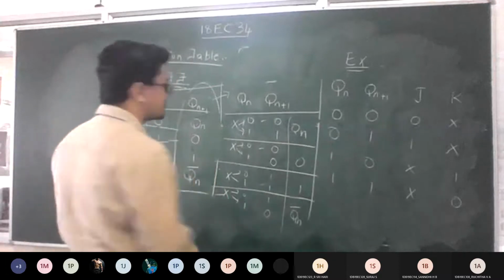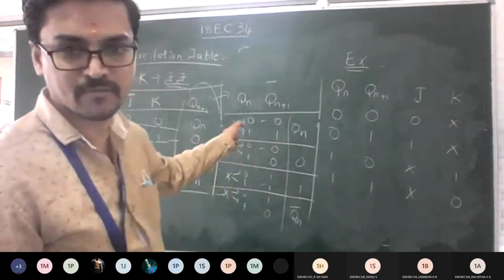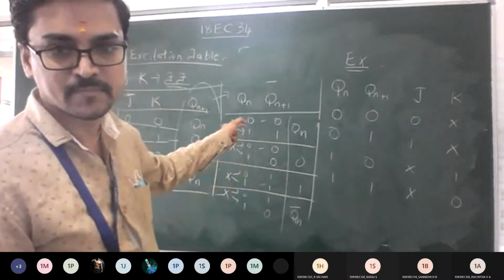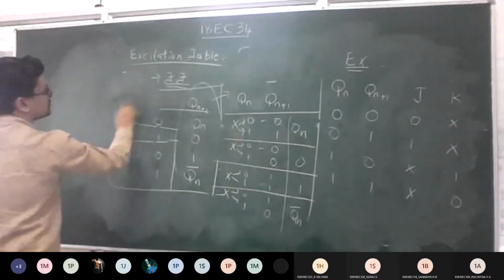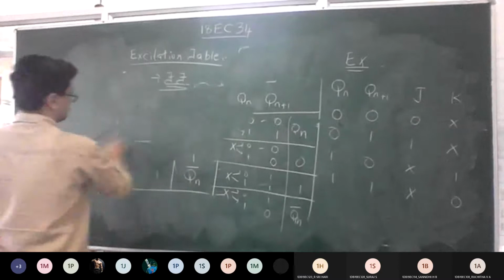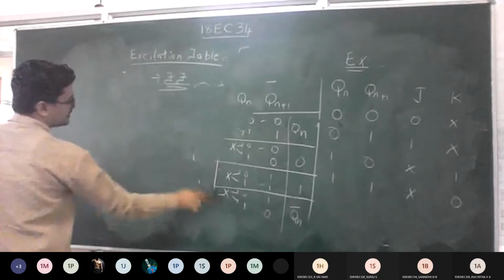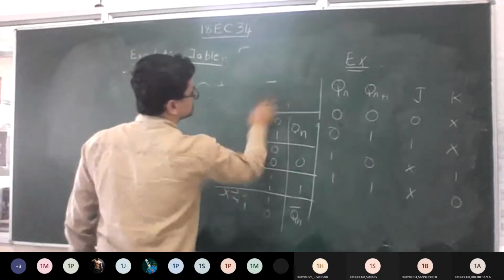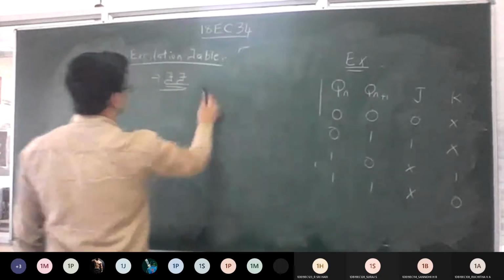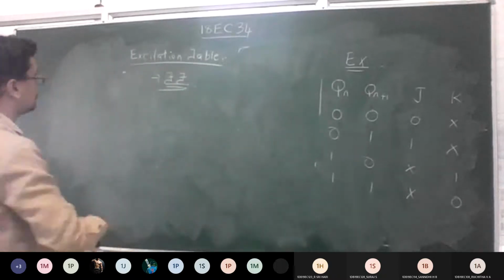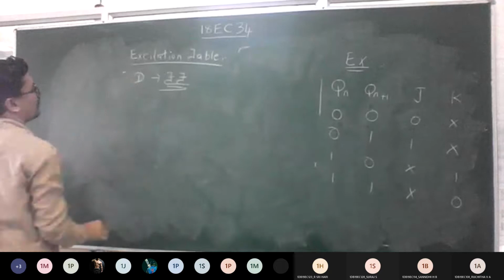How will you get it for D? Is this fine? Shall I move on to the D flip-flop? Shall I erase it here? Yes, sir. Okay. So now tell me how to get it for the D flip-flop. If you write for D, then you can write for T the same way. D flip-flop, how many inputs?